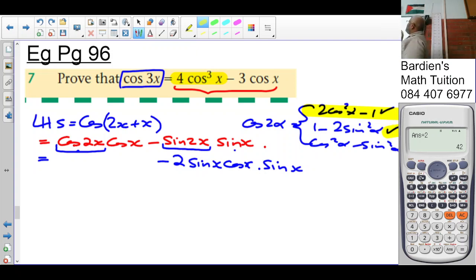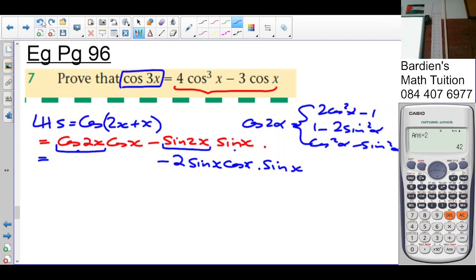If it was cos squares and sine squares, or cos cubes and sine cubes, I would go with that one. But since what we're working towards deals with cos only, I'm going to choose the one dealing with cos. Does it make sense?